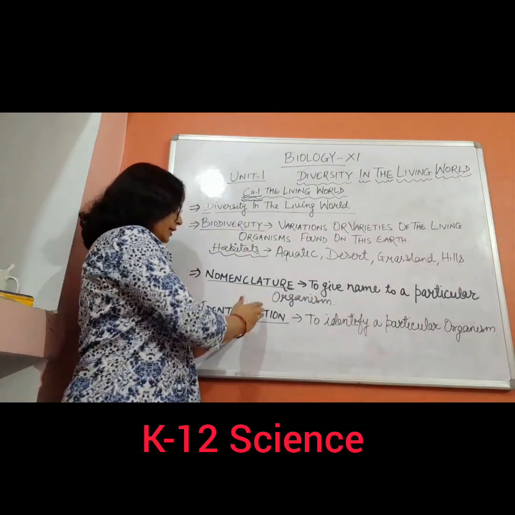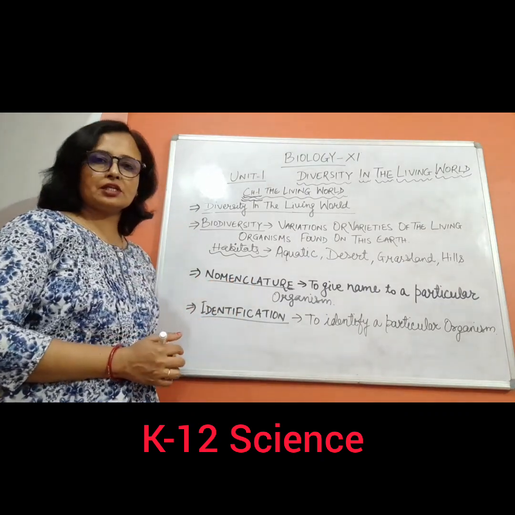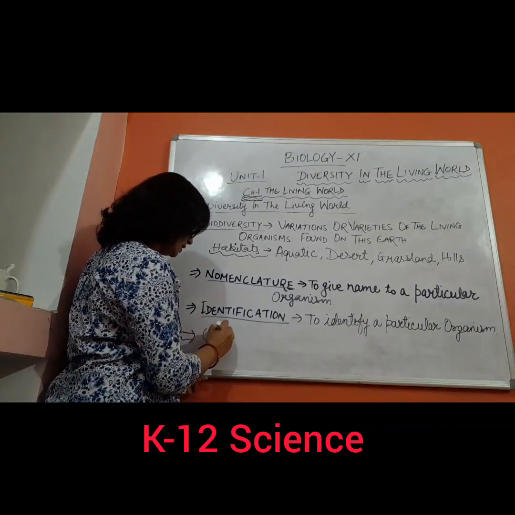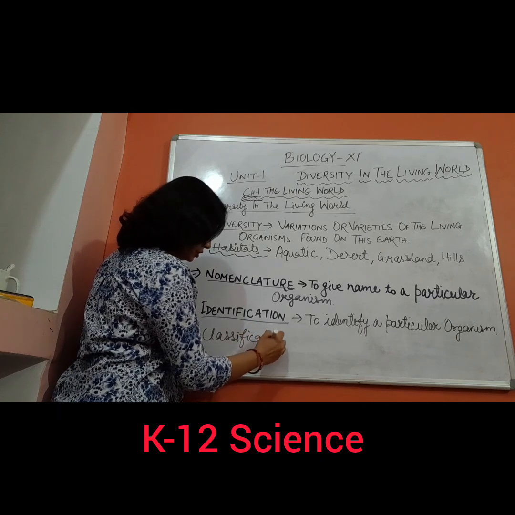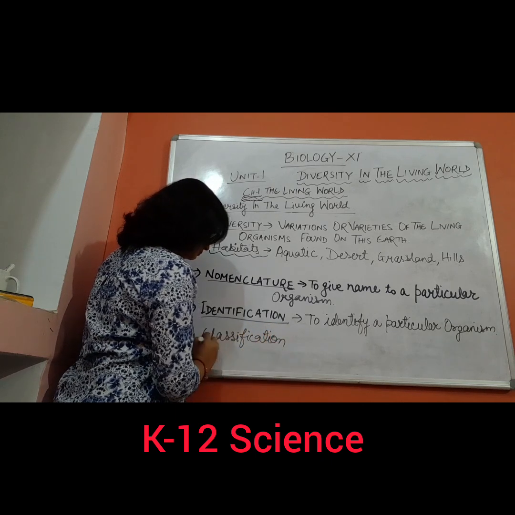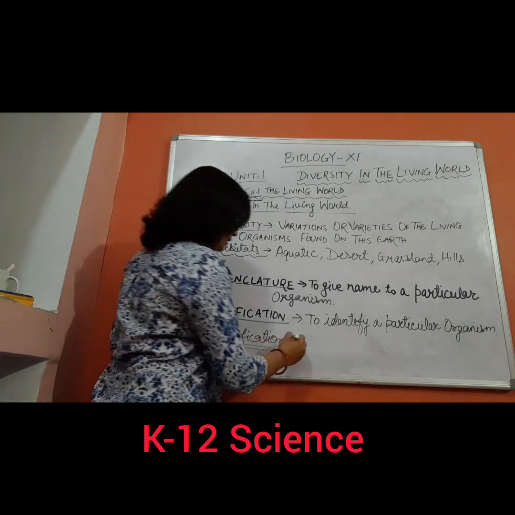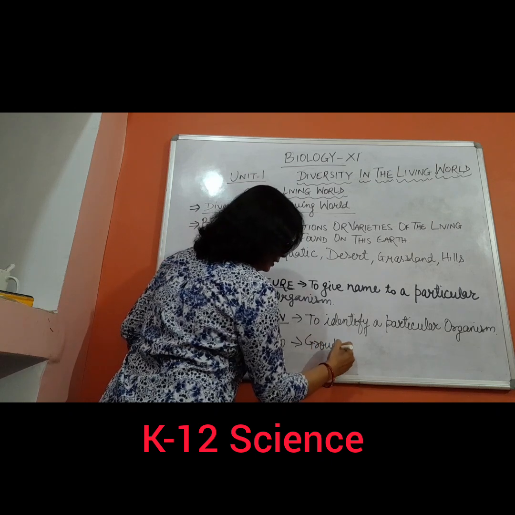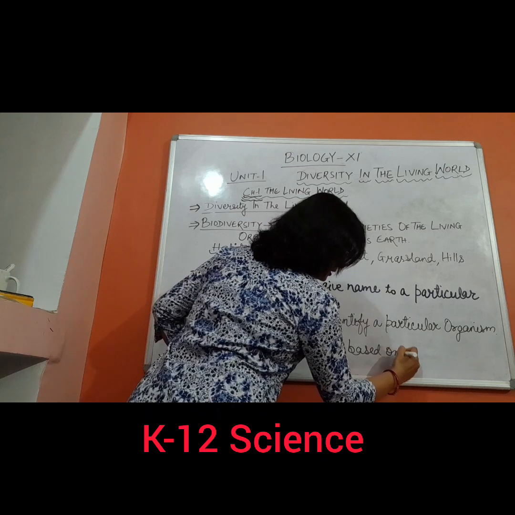And after identification and nomenclature, the next thing that we need to do is classification. What is classification? Classification is keeping different organisms in groups based on similarities and differences.